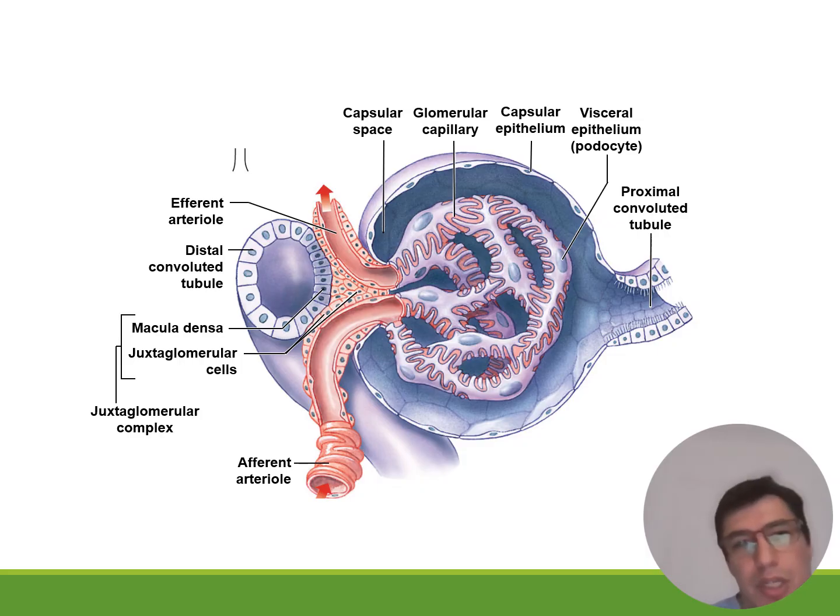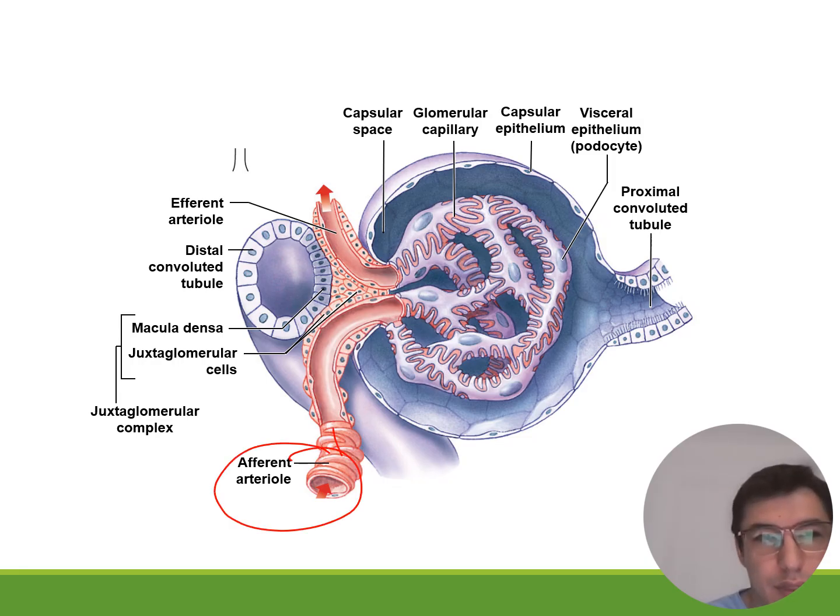This is a picture of a nephron. Here we're bringing blood through the afferent arteriole. You can see that it's a little bit larger than the efferent arteriole, but as blood flows through, it starts to back up because there is an obstruction here. The diameter of the exit is smaller.